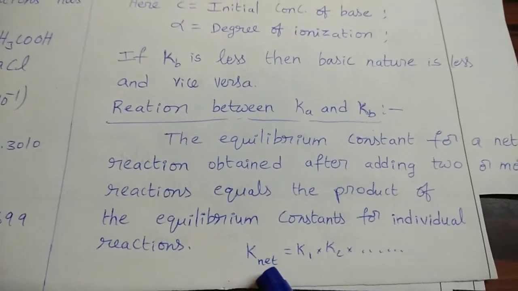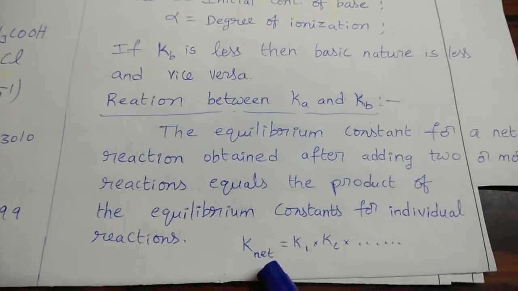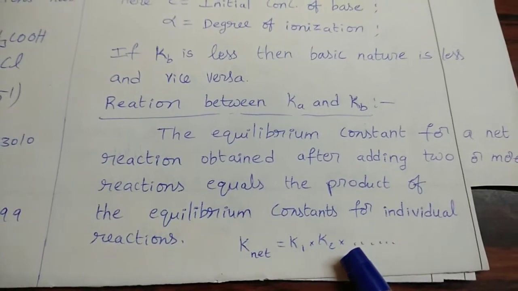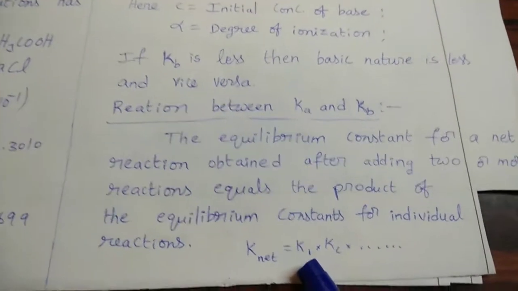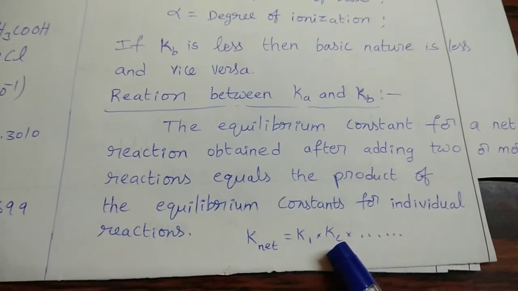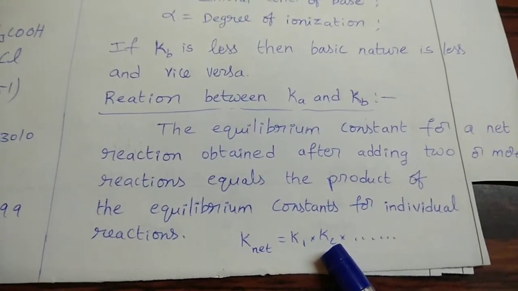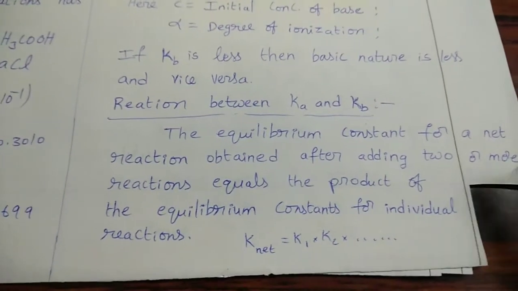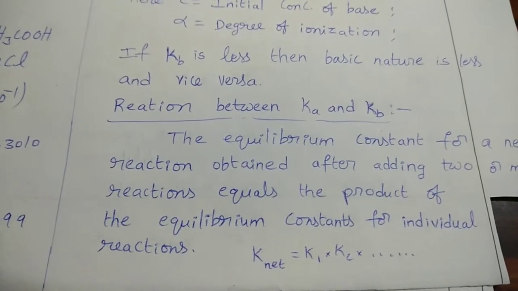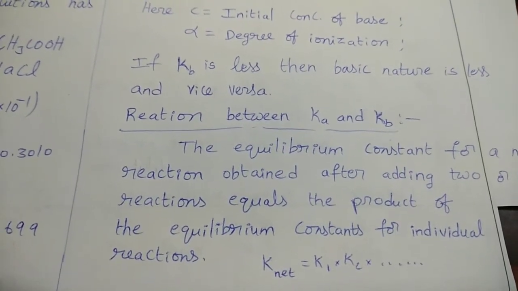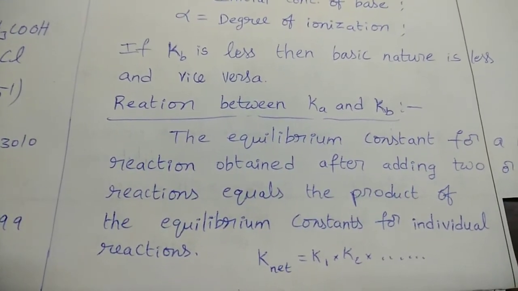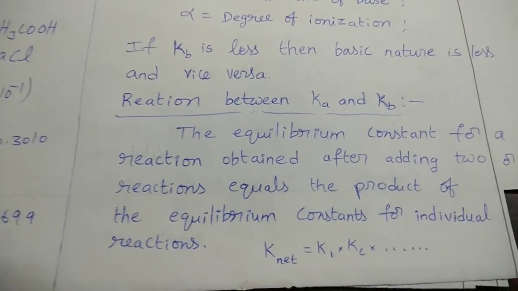Here K net, that means equilibrium constant for the net reaction, is equal to the product of K1 into K2 into K3 and so on. That means K1 is the equilibrium constant for one individual reaction, K2 for another individual reaction. In this way all these individual equilibrium constants are multiplied, then we can get the value of the equilibrium constant of the net reaction. Already we completed this point in characteristics of equilibrium constant.